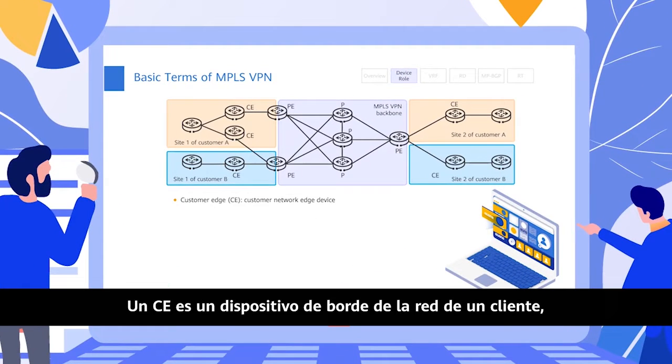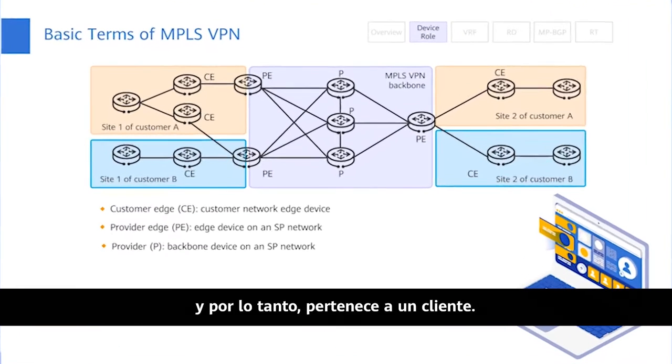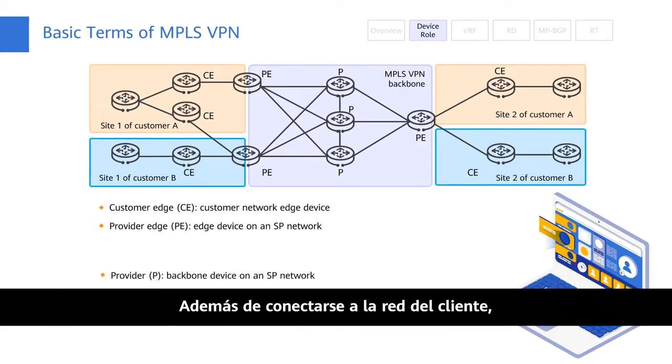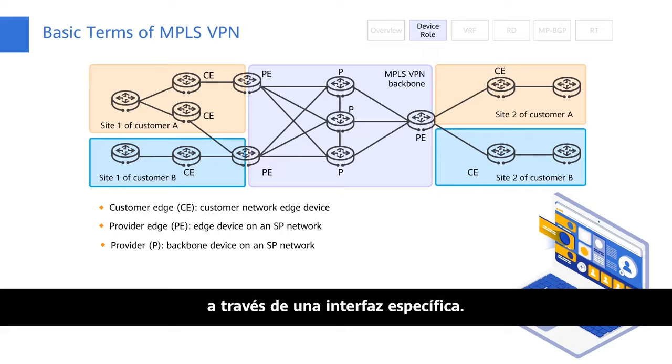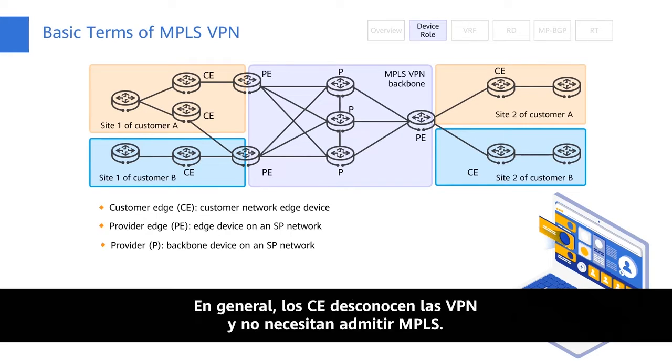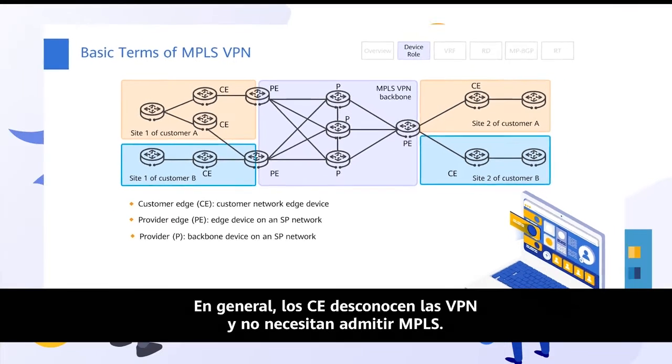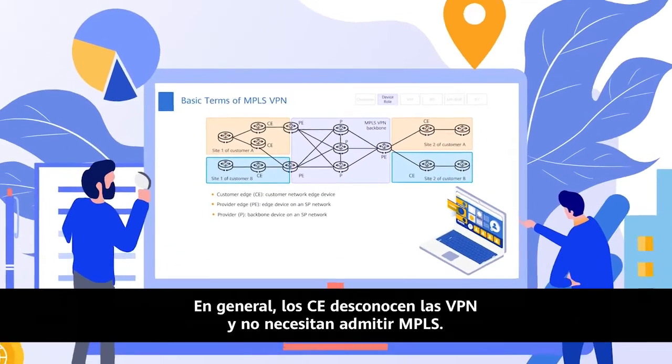A CE is an edge device of a customer network, and therefore belongs to a customer. In addition to connecting to the customer network, the CE also directly connects to the MPLS VPN network through a specific interface. A CE can be a router, switch, or host. Generally, CEs are unaware of VPNs and do not need to support MPLS.